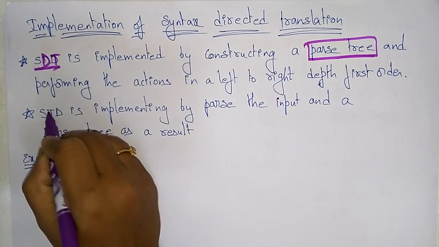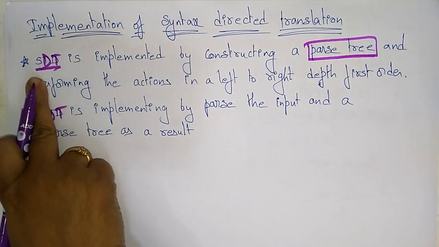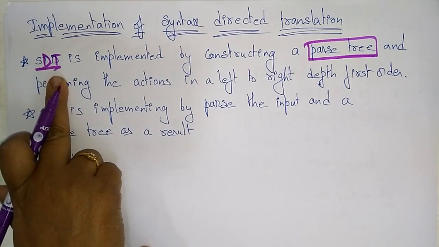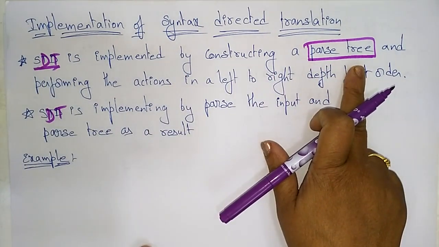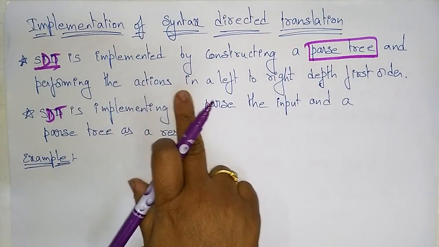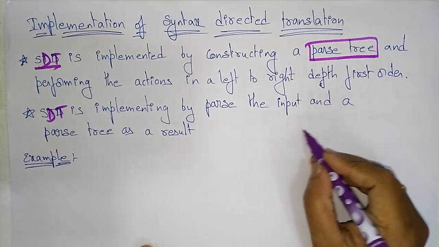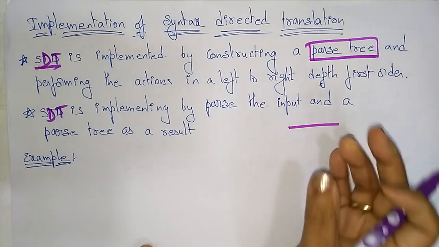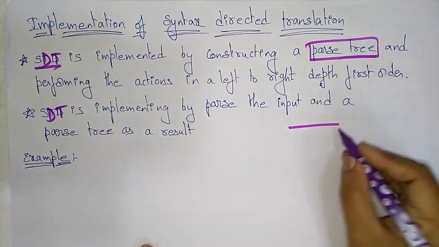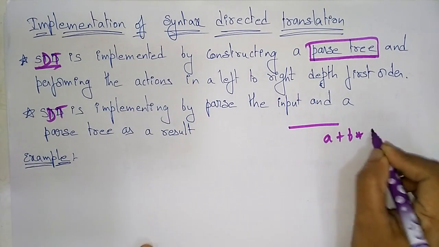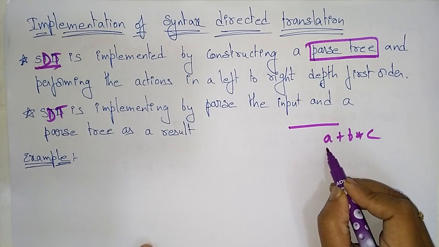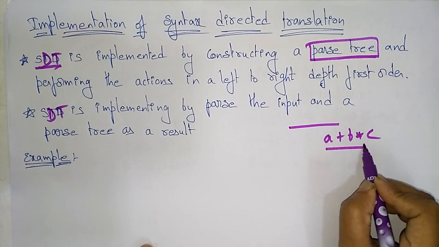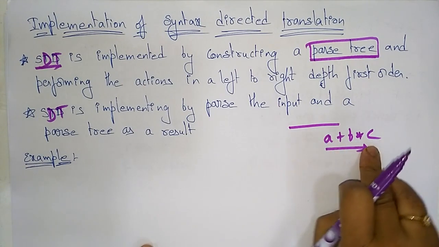SDT is implemented by constructing a parse tree and performing the actions from left to right. Whatever expression you have, like A plus B star C, you have to perform the actions starting from the left and ending at the right.